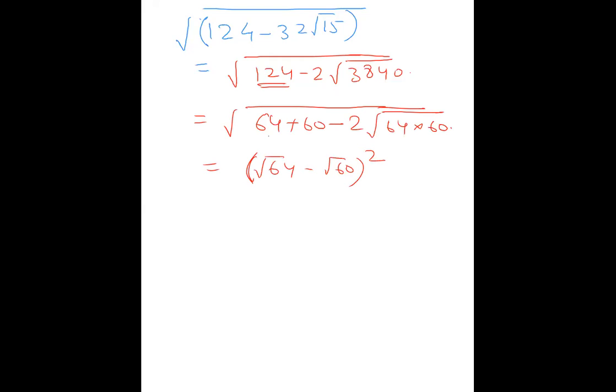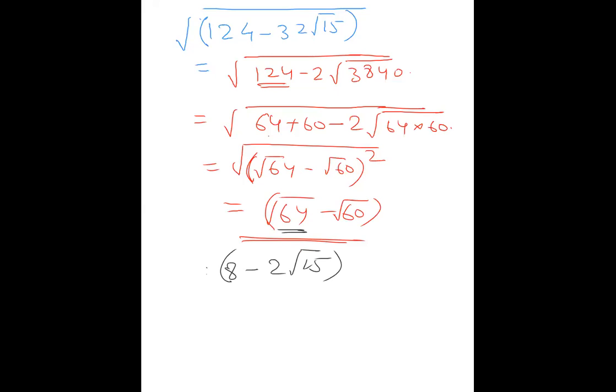So under root of this will be nothing but you are getting 64 under root minus 60 under root. Now we have to solve this, right? So I'm writing this as 8 minus 2 root 15, right? And then again 8 minus 2, either you can use the formula or directly you can see 5 plus 3 minus 2 root 5 into root 3.